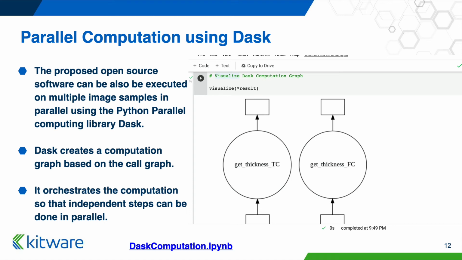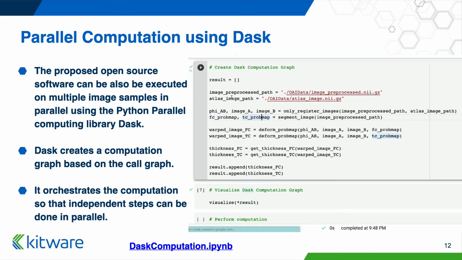This is extremely helpful in accelerating this analysis, as analysis for one time step can be done in parallel with another time step. The users can also test this functionality with the help of Dask Computation notebook in the repository.